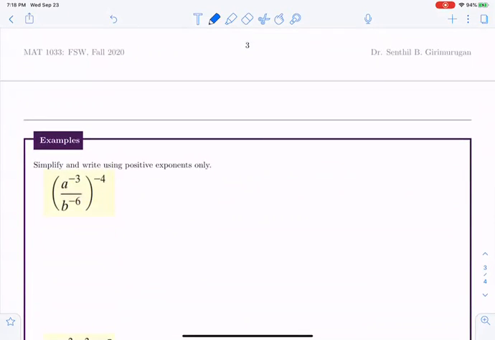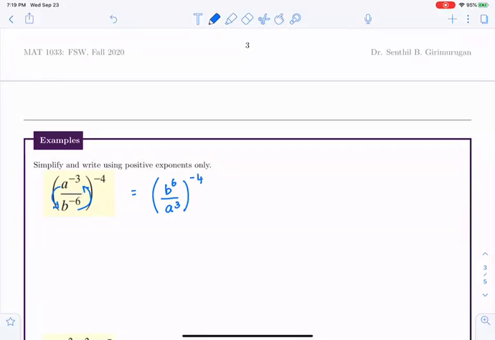So here is a case where we have negative exponents, and then I have a negative exponent as the power. So what I'm going to do is convert whatever I have inside to positive exponents. So move the a raised negative 3 to the denominator, move the b raised negative 6 to the numerator. So we have b raised 6 over a raised 3 raised negative 4.